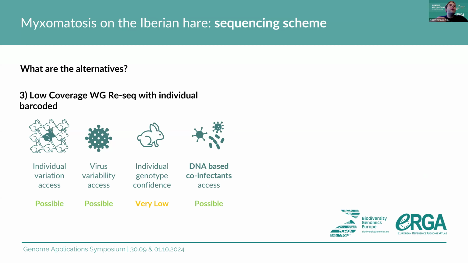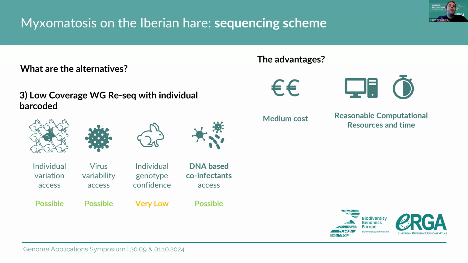And although we have a very shallow sequencing for each individual, like 2 to 3x, this allows us access to virus variability, individual variation, although we know that we cannot infer individual genotypes, at least with high confidence, and we can also access some co-infectants. So this provides us with a medium cost solution, and also with a data set that we can manage in time, so in the time of the case study.